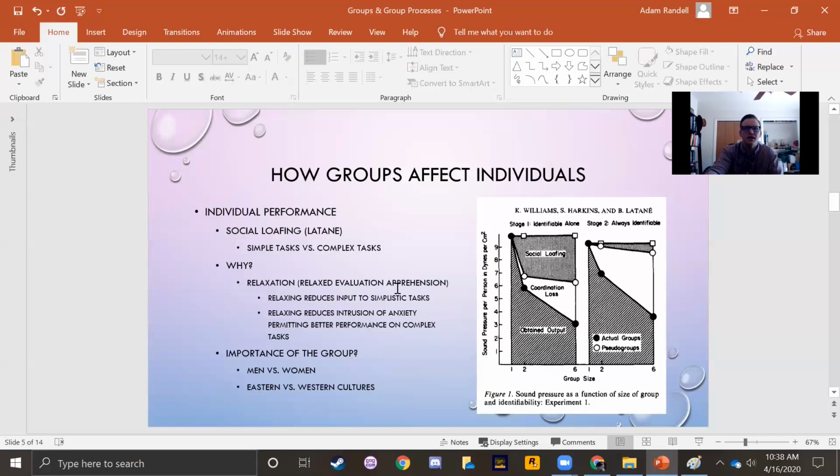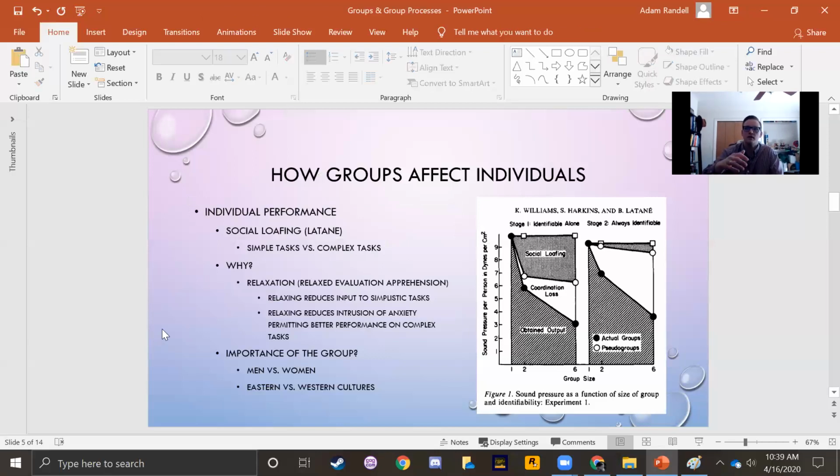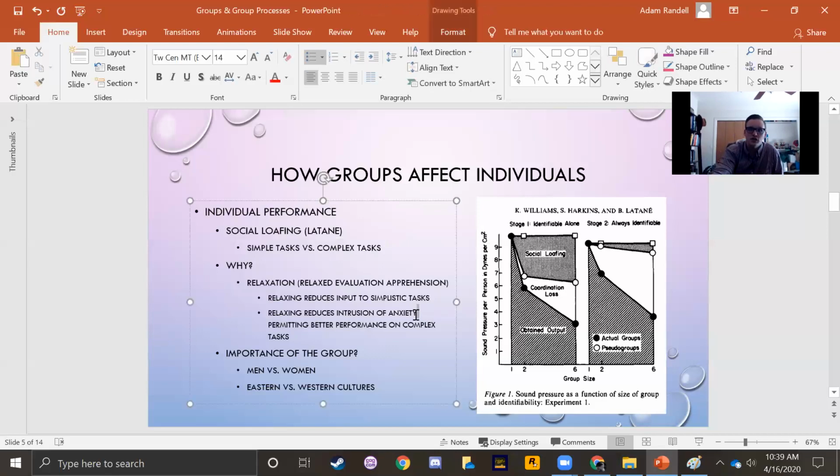But what about these complex tasks, right? Because remember, I mentioned that on complex tasks, social loafing enhances performance. Well, it goes back again to the relaxation, the reduction of anxiety.